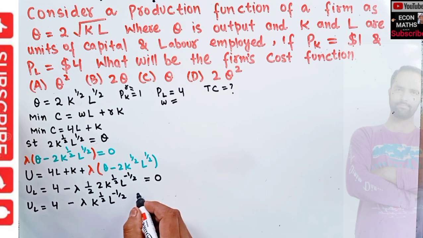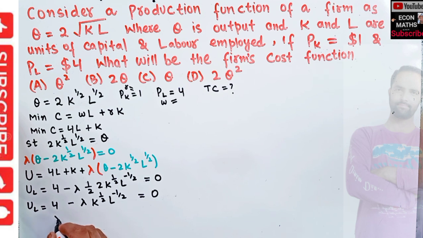Or we can rewrite it in this fashion, that is lambda K to the power 1 upon 2 L to the power minus 1 upon 2 is equal to 4.